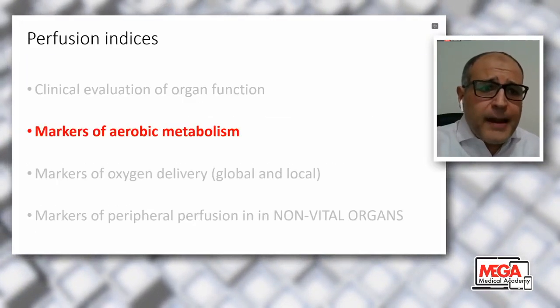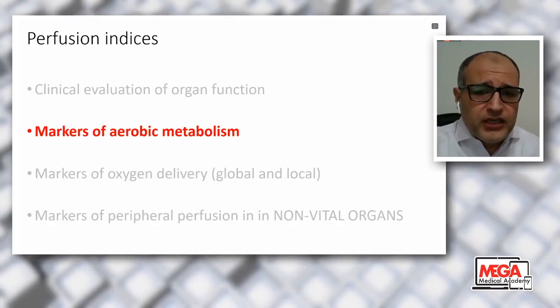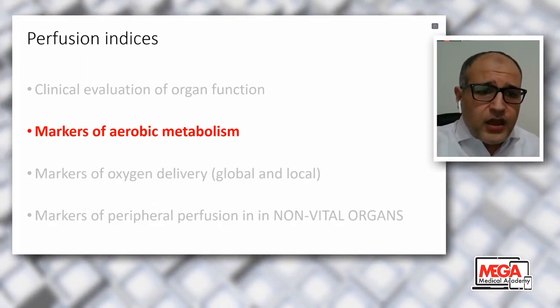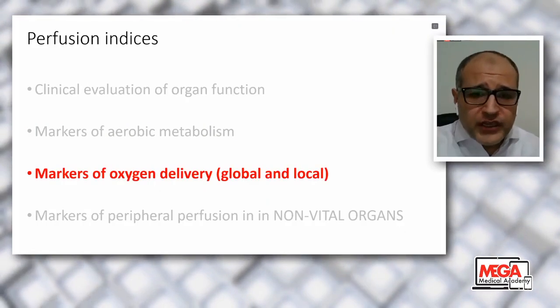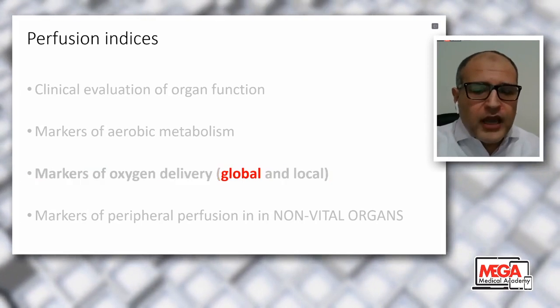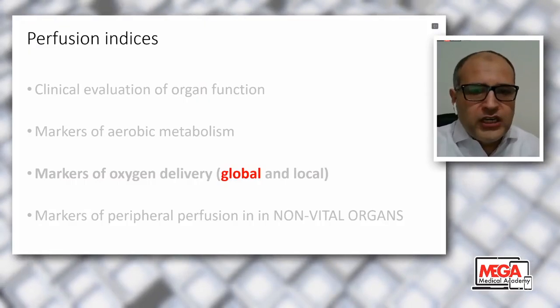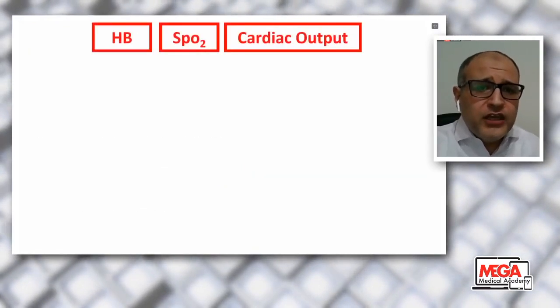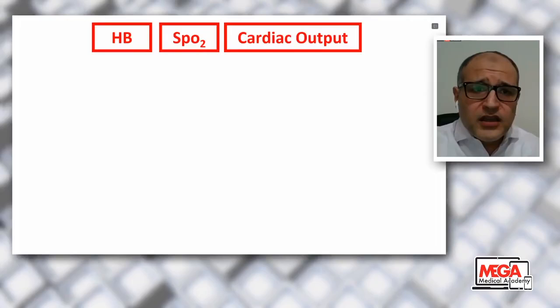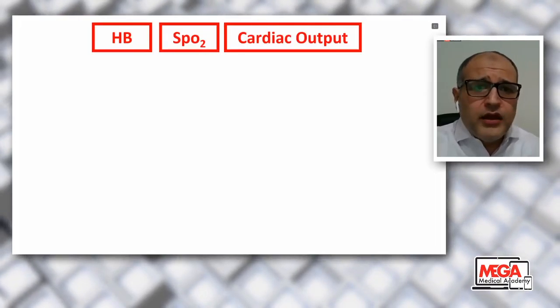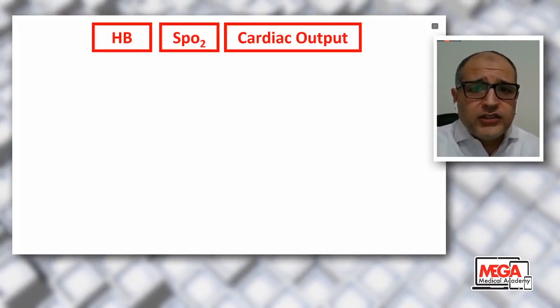Now, after the markers of aerobic metabolism, which is lactate, the markers of oxygen delivery, global and local. I will talk first about global markers of oxygen delivery. Oxygen delivery has three components, as all of us know: hemoglobin, saturation, and cardiac output.